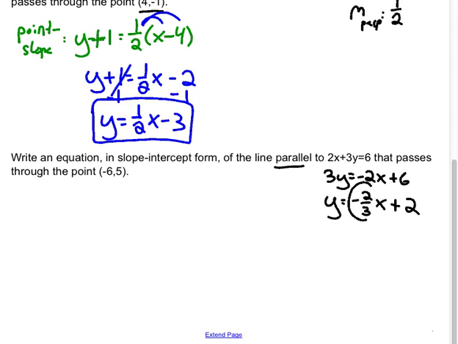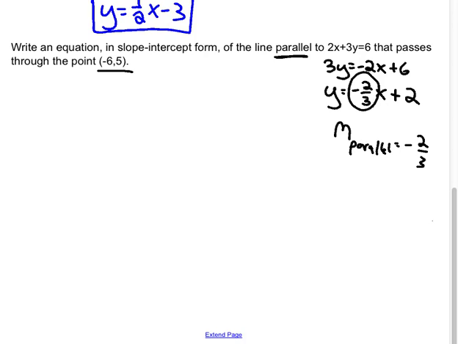So now that is my slope, okay? And the slope of a parallel line is still going to be the same. So I have a slope, I have a point, so now I have enough to write a point slope equation.